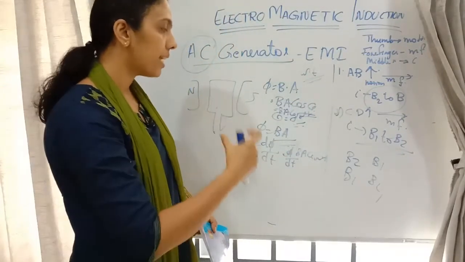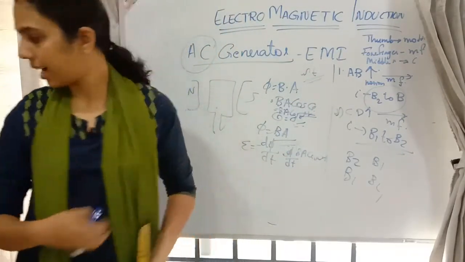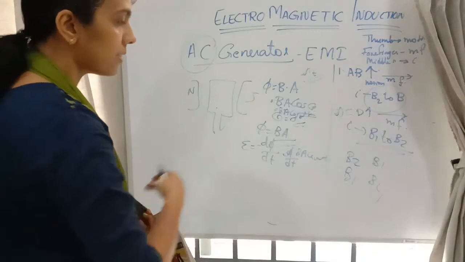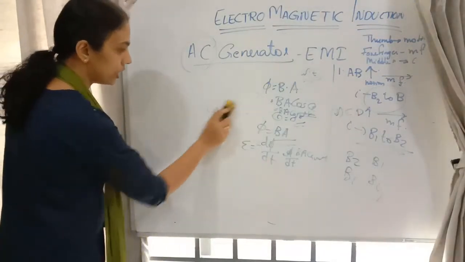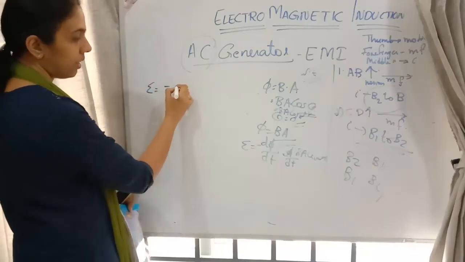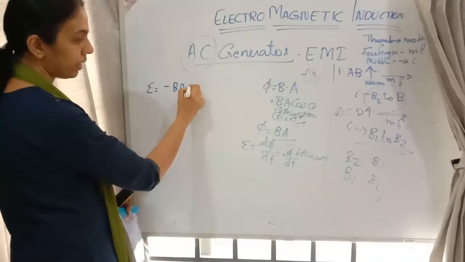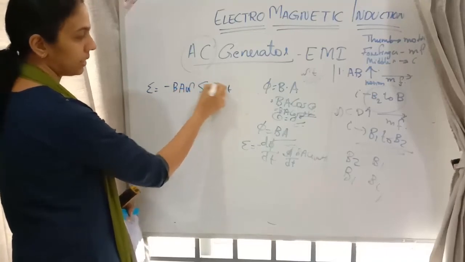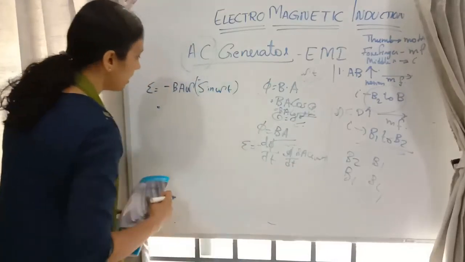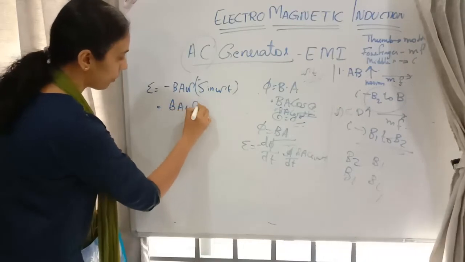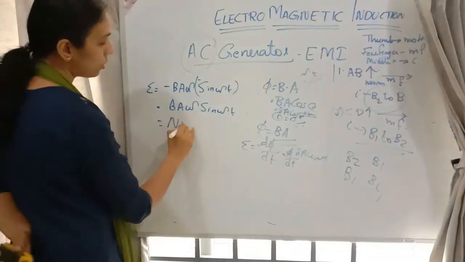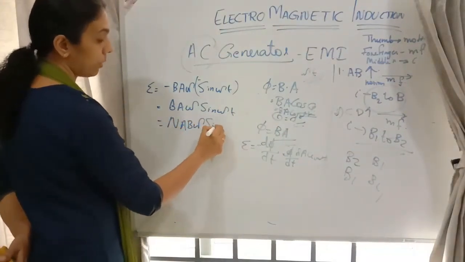So E is equal to minus d phi by dt, which gives minus BA omega times minus sin omega t. The minus and minus cancel and we get BA omega sin omega t. If we consider N number of turns, it will be equal to NAB omega sin omega t.